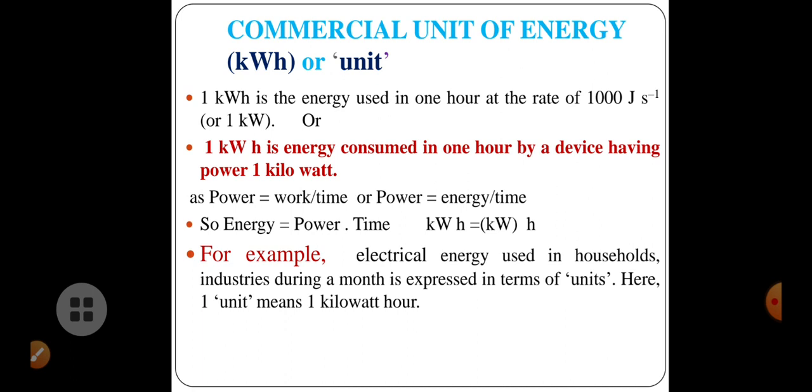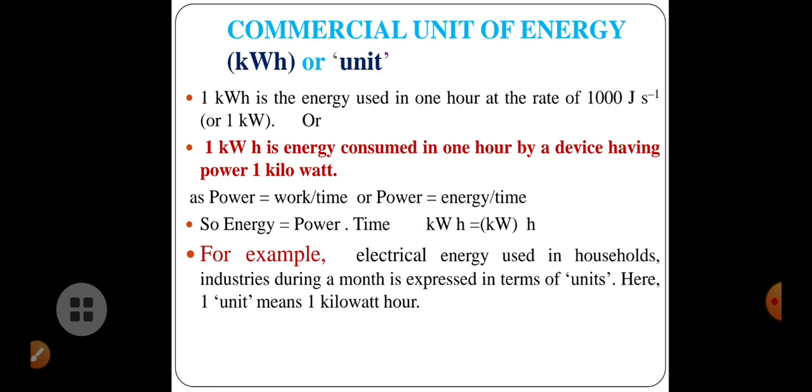So in this way you will come to know how much energy you are consuming due to your devices in one day. So commercial unit of energy is written as kilowatt hour or simply unit.